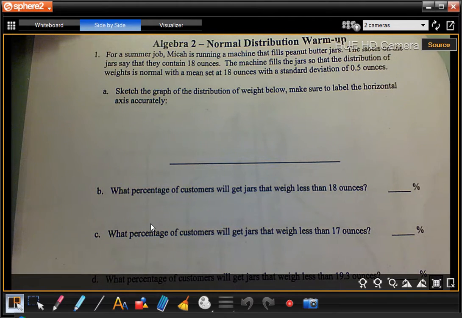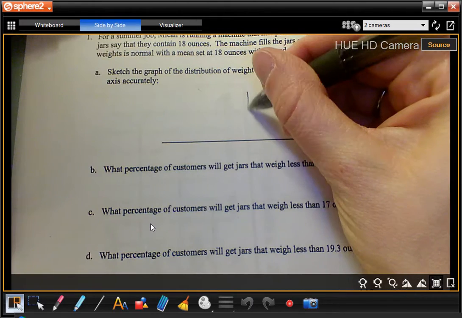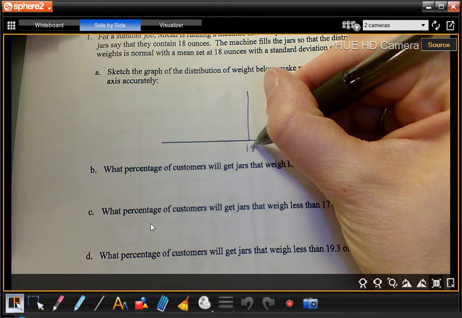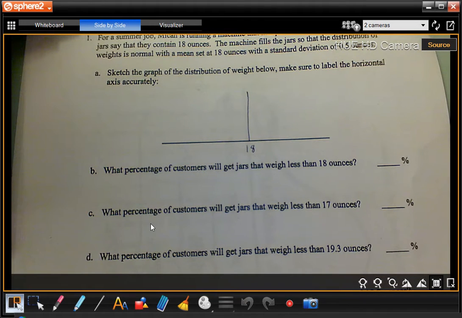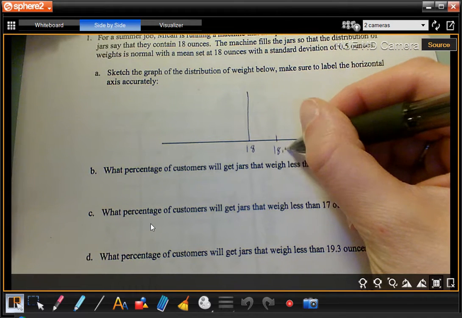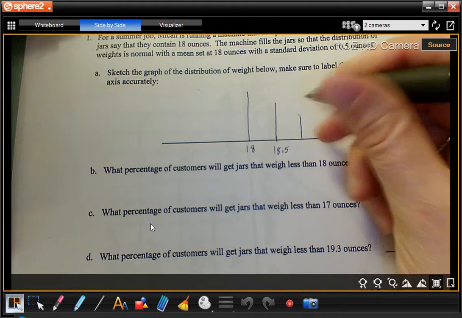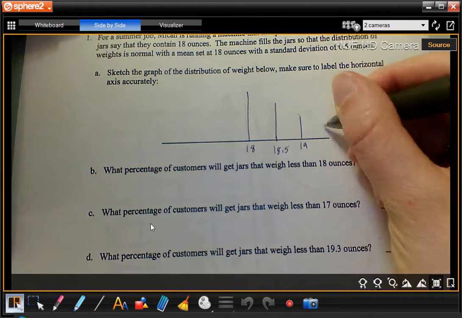Okay, so the first thing we're going to do is make that normal distribution arc here. So we know that the mean in the middle is 18. So that's our highest point in our curve, normal curve. And then we're going to do a standard deviation of 0.5. So we're going to go up 0.5. We get 18.5, we get 19, and we're going to get 19.5.